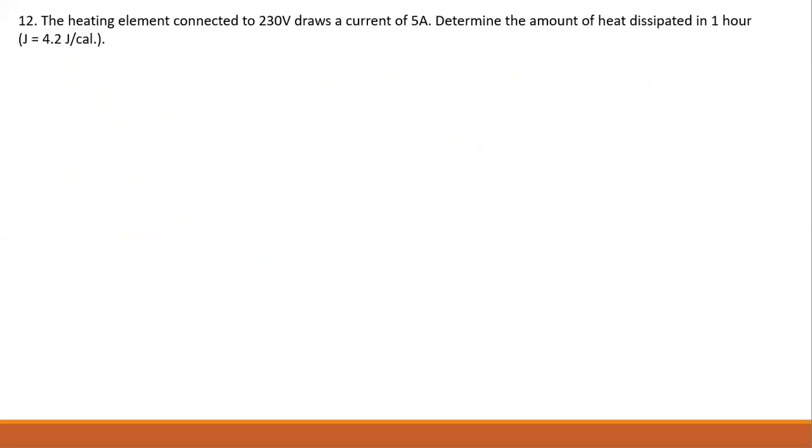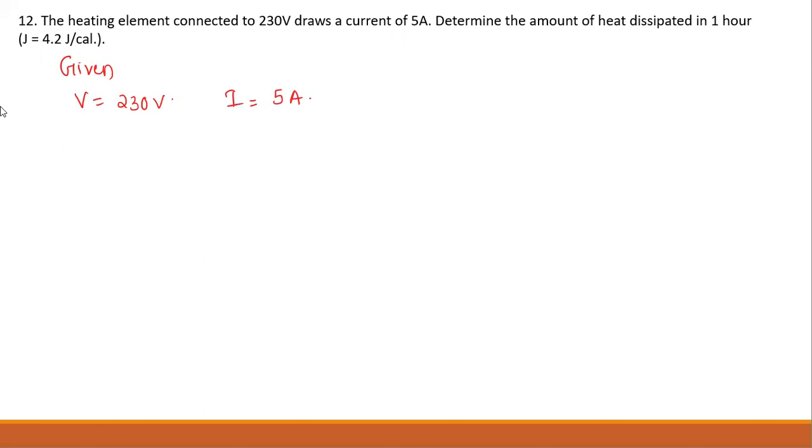Let us solve the next question. The heating element connected to 230 volt draws a current of 5 ampere. Determine the amount of heat dissipated in 1 hour. 1 calorie is equal to 4.2 joule. Heating element connected to 230 volt. So here volt is given, V is equal to 230. Current is given 5 ampere.